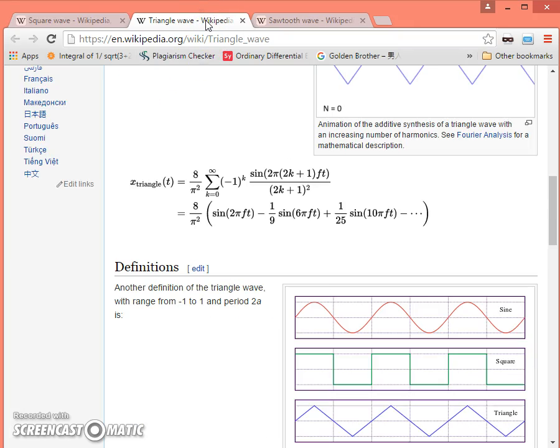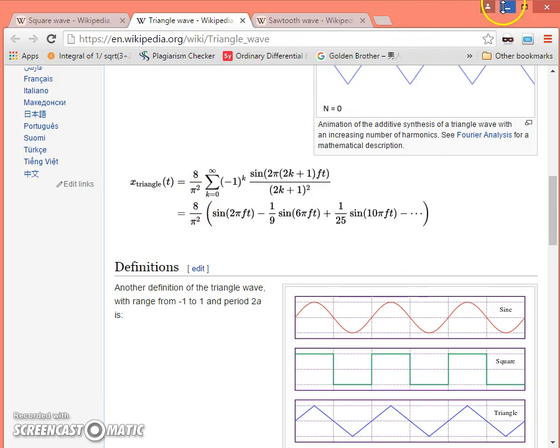The triangle wave has an equation of summation of minus 1 to the power of k times 2 sine 2 pi (2k plus 1) ft divided by (2k plus 1) squared, from k equals 0 to infinity, times 8 divided by pi squared. So after expansion, the equation will be like this and can be expanded furthermore.